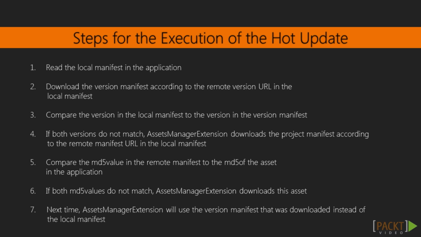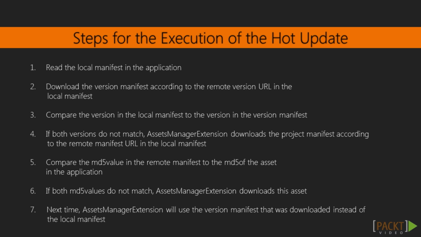One, read the local manifest in the application. Two, download the version manifest according to the remote version URL in the local manifest. Three, compare the version in the local manifest to the version in the version manifest. If both versions do not match, Assets Manager extension downloads the project manifest according to the remote manifest URL in the local manifest.